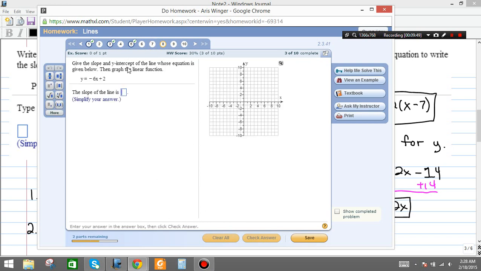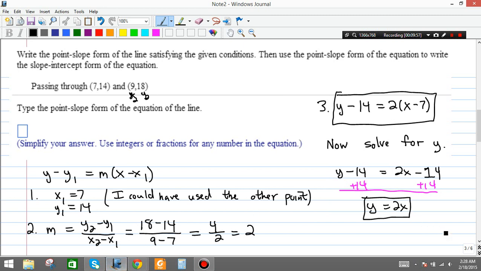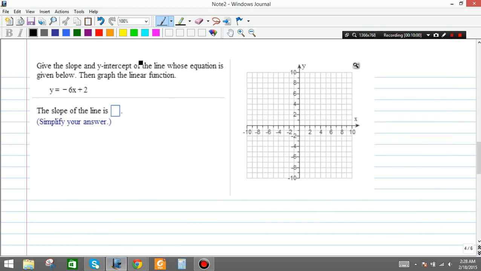Given the equation, give the slope and y-intercept of the line whose equation is given below. Well, this is precisely why they call this slope-intercept form. And so when you have y equals mx plus b, m is the slope, and b is the y-intercept.